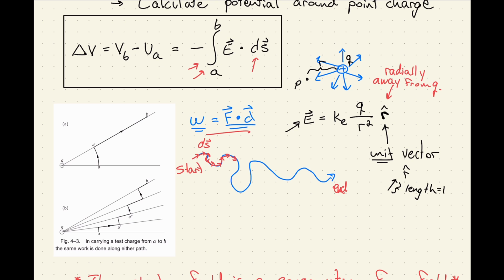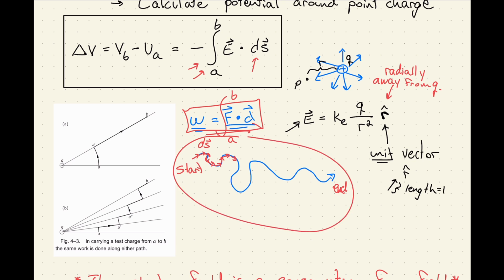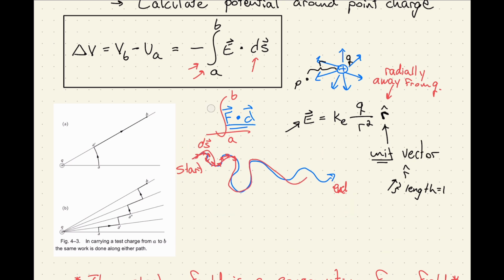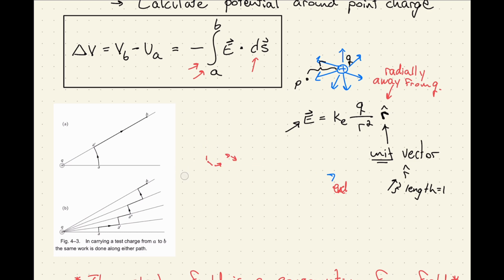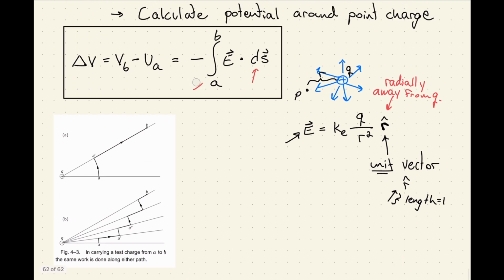And if you add an integral over here from the start to the end, then you will get the entire work done on this entire path, even though the path looks all weird like this. So that's why calculus is very useful. Don't worry about any crazy integrals. In a kind of starter course like this, you will not have to do any crazy integrals. It's just important to know where this ds comes from and why it's coupled with an integral.